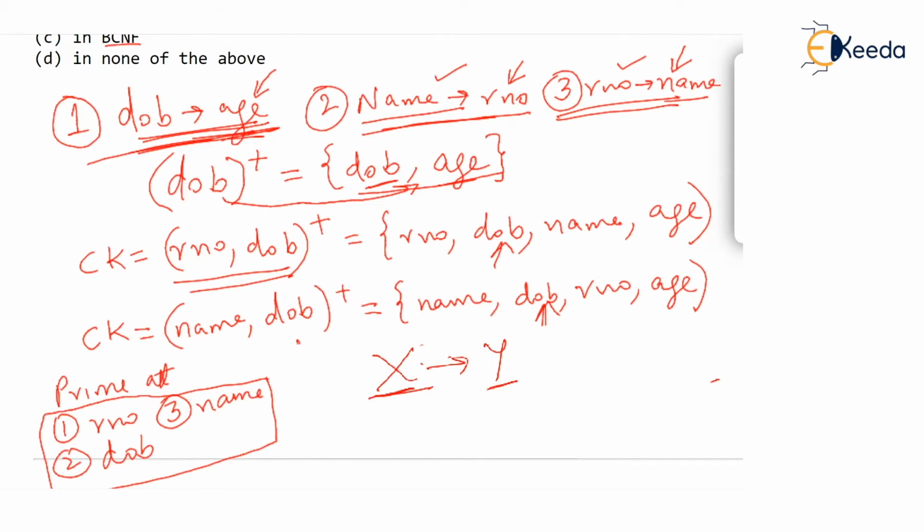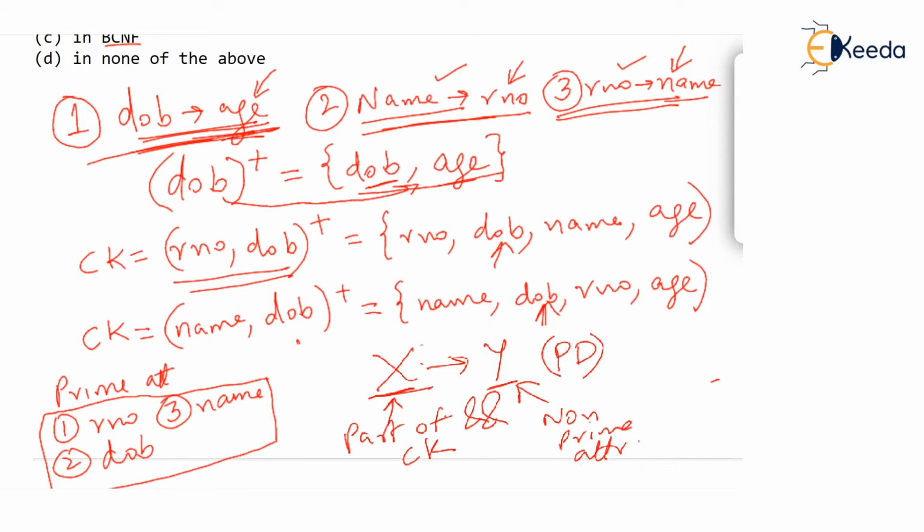I remind you that a table is in second normal form if it does not have partial dependency. What is partial dependency? Dependency is partial if left hand side is part of the candidate key and right hand side is non-prime attribute. Then this dependency is known as partial dependency.